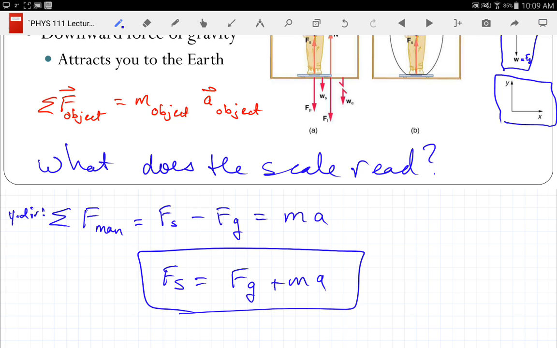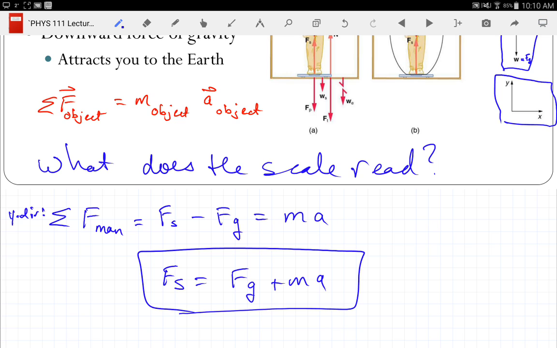So if a is positive, if the elevator is accelerating upward, what does that tell you the scale is going to read? It's going to read heavier. It's going to read his weight, the force of gravity, plus his mass times the acceleration of the elevator. So if the elevator accelerates upward, the scale will read heavier.